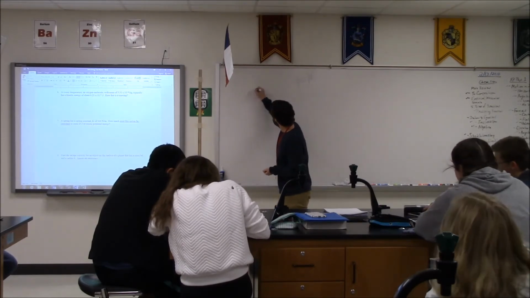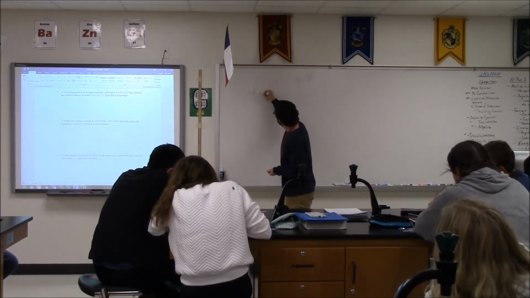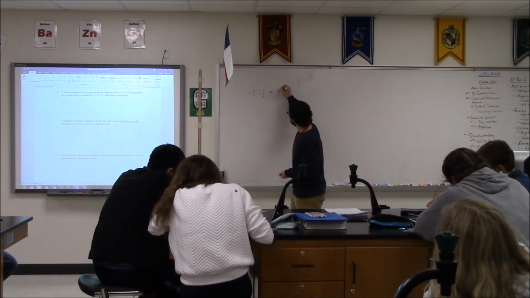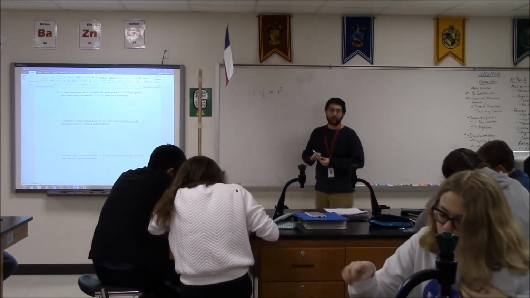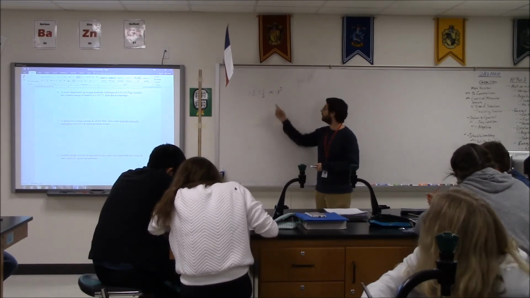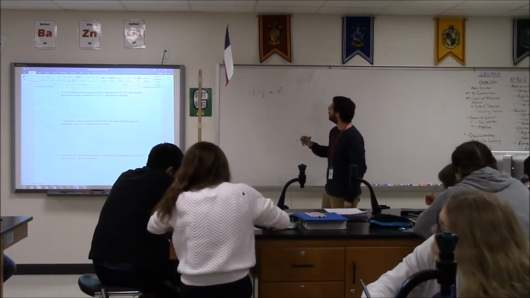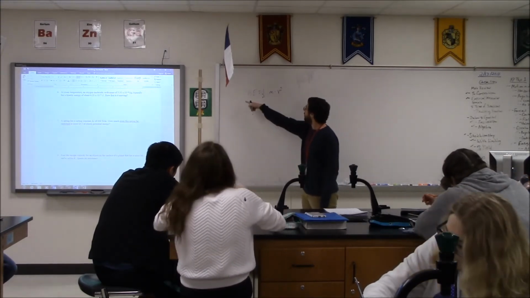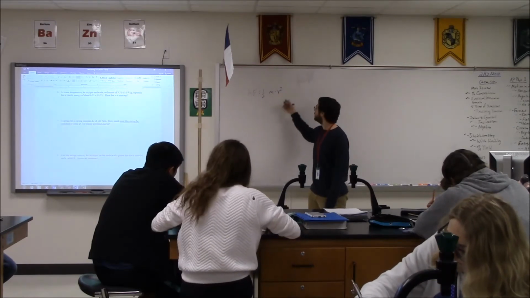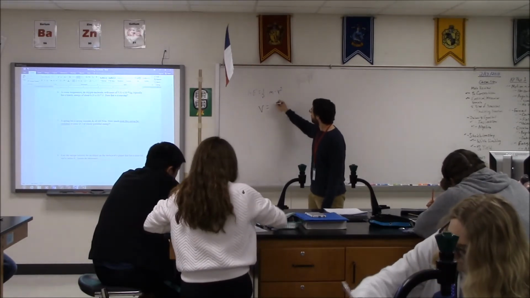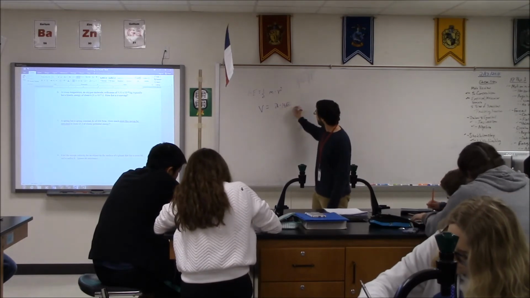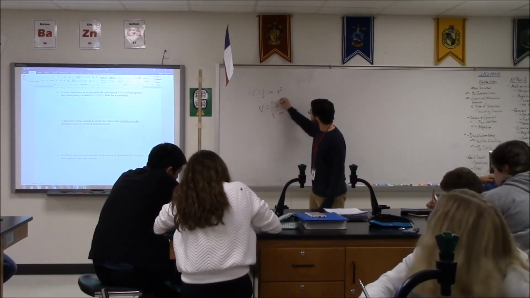Okay, so the kinetic energy is equal to 1/2 mass times v squared. What did they want to know? The speed, this v term here. So I can multiply both sides by 2, divide by mass, take the square root. So the speed is equal to the square root of 2 times the kinetic energy divided by the mass.